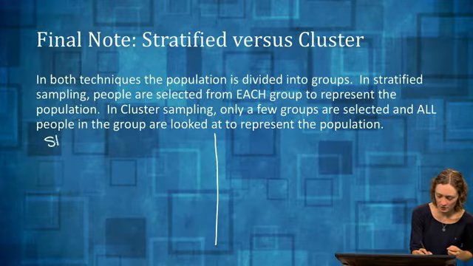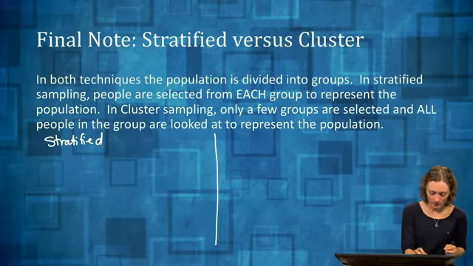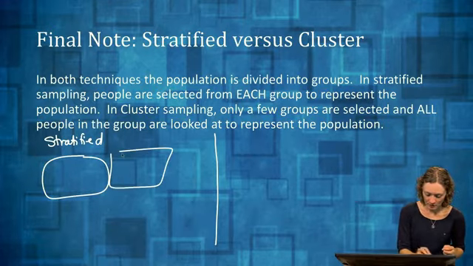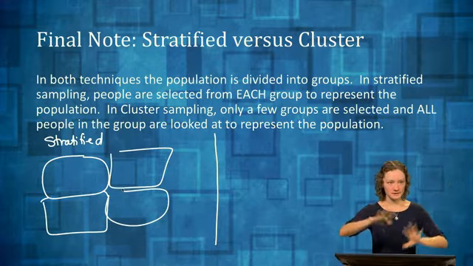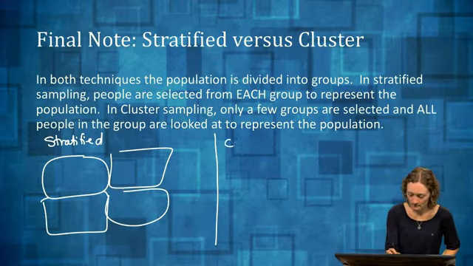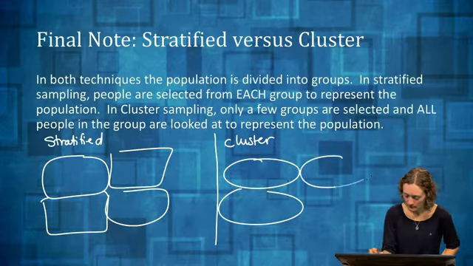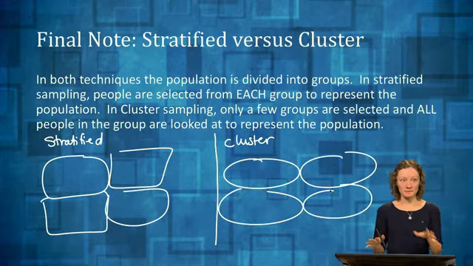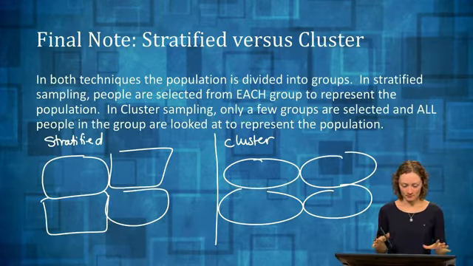So let's compare visually. We've partitioned, maybe it's 4, maybe it's more. Everyone fits into an area. These could be the same types of groups that we're breaking them apart into.